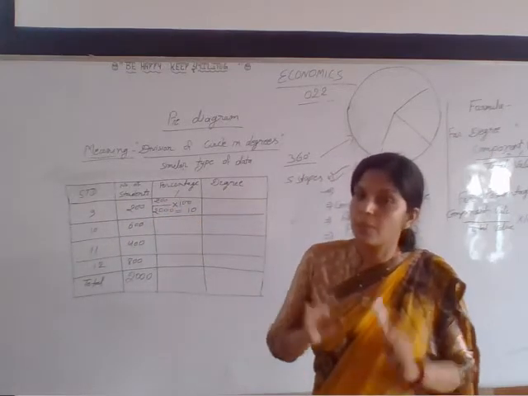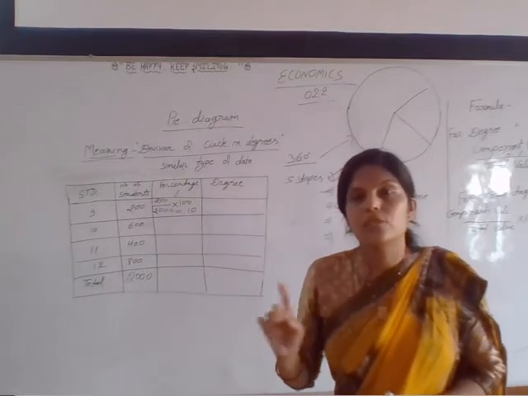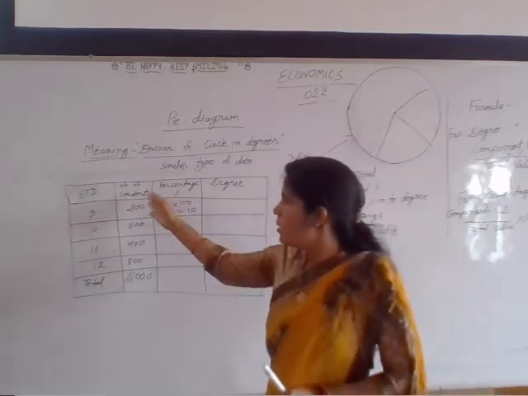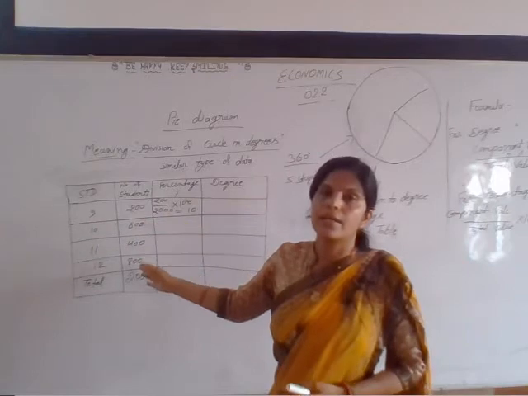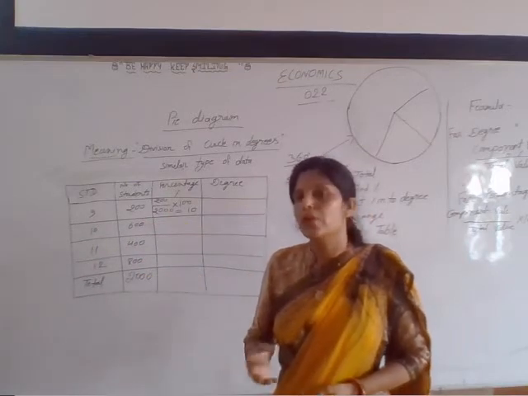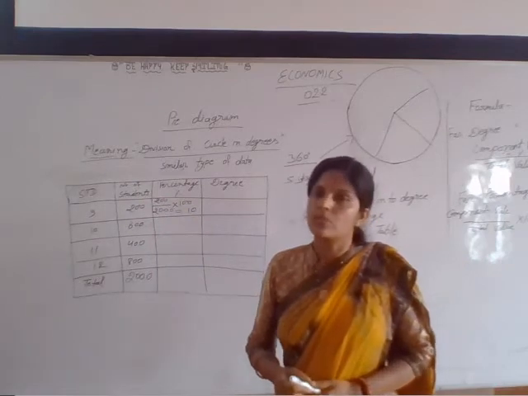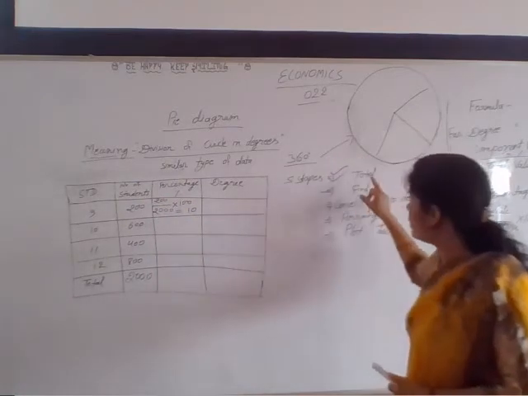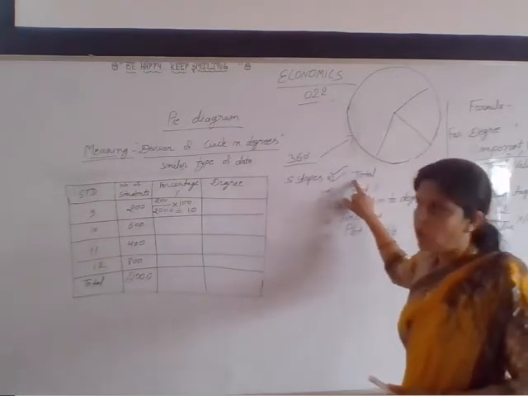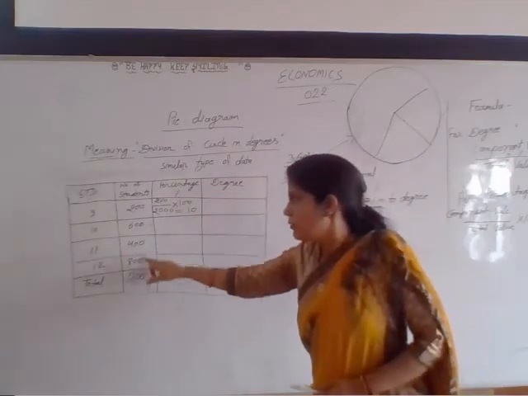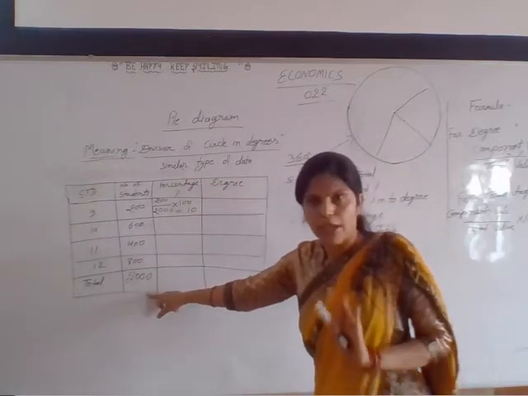But if only numbers of some variable are given, you cannot directly draw a pie diagram. First of all, we total the values of the variables.